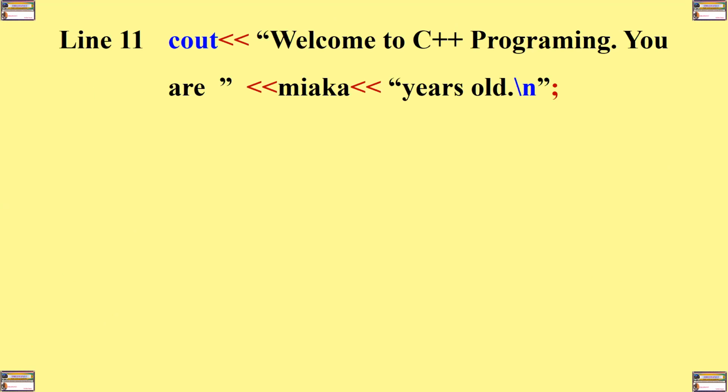Our 11th line is cout, followed by the insertion operator, then the string "Welcome to C++ programming, you are", then the insertion operator, miaka, the insertion operator, " years old", followed by the escape sequence character for the new line and a semicolon.